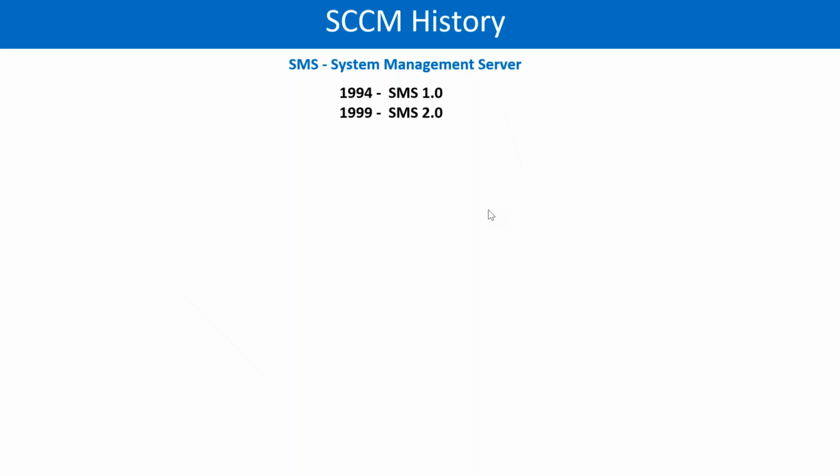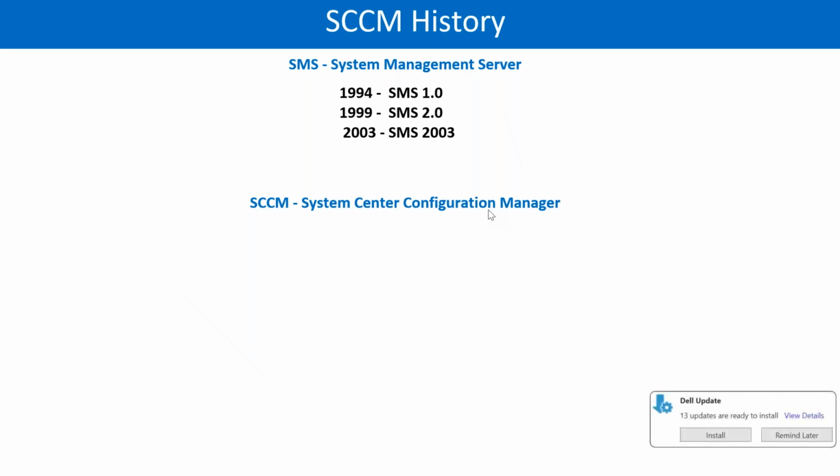Then SMS 2.0 was released in 1999. Then SMS 2003 was released in the year 2003. Then Microsoft changed the name from SMS to System Center Configuration Manager. Previously, we used to call it SMS. Now we call it System Center Configuration Manager.